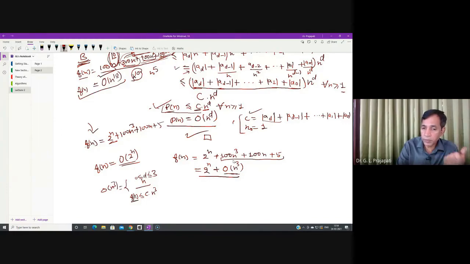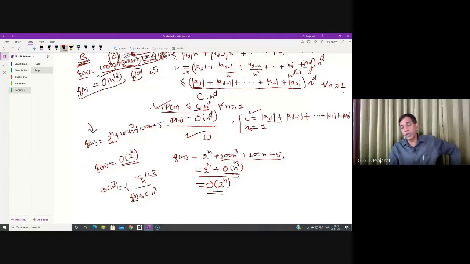You don't want to name this function, as your intuition is to denote that whatever the polynomial is here, the worst case behavior is this. This is the worst case behavior, meaning in the worst case the degree of the polynomial here is 3. And you know that 2 raised power n has the highest rate of growth over this. And finally you can say that this is big O of 2 raised power n.